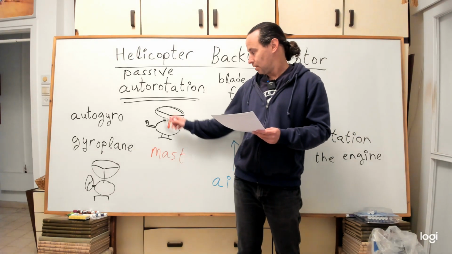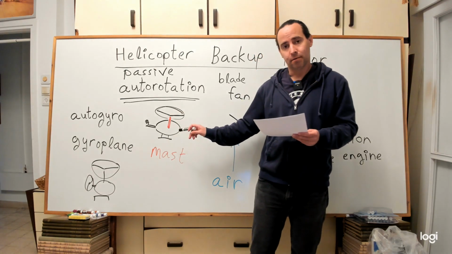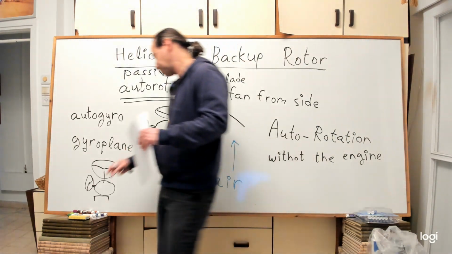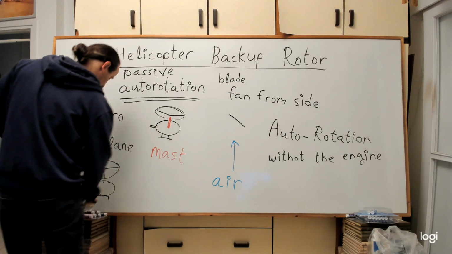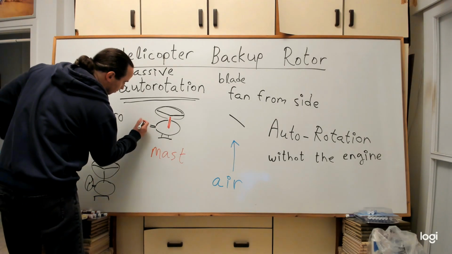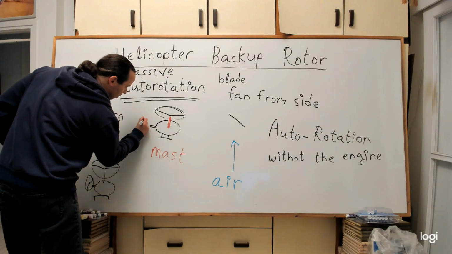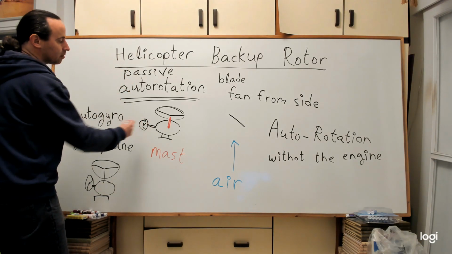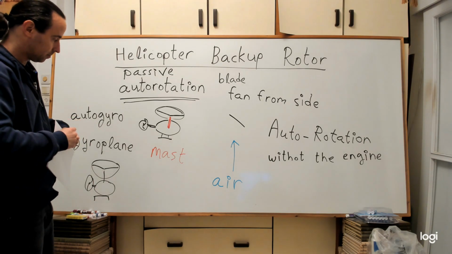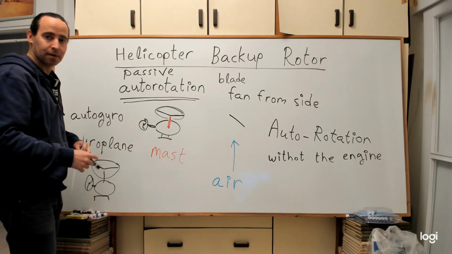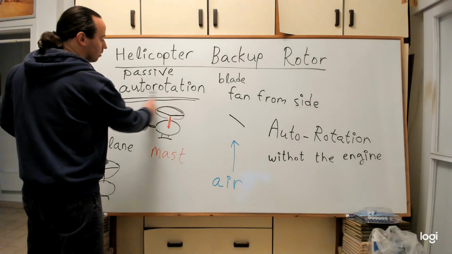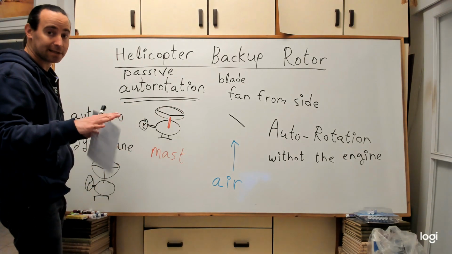Okay, so this is like if the back rotor, there is a rotor here too. Okay, the back rotor. But if the back rotor is malfunctioning or just false, you put the helicopter in autorotation and you can land.